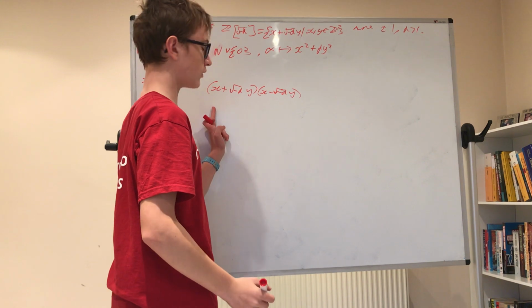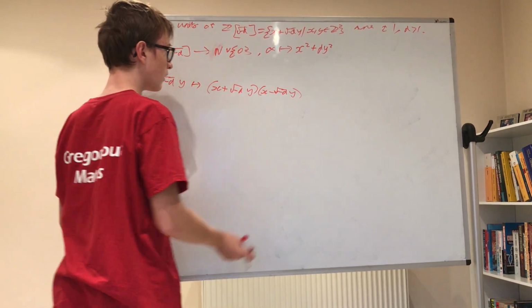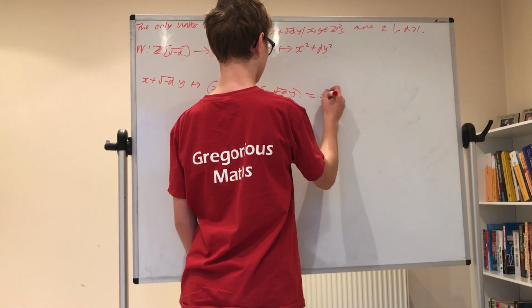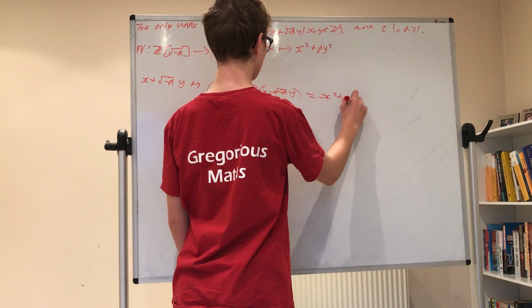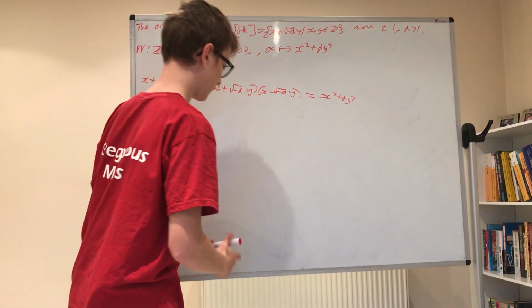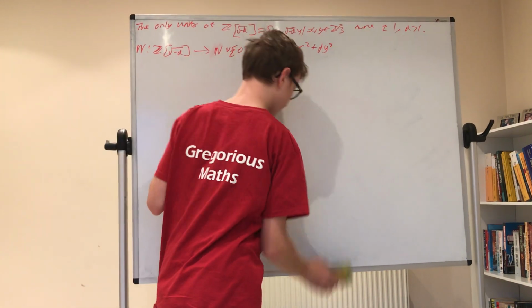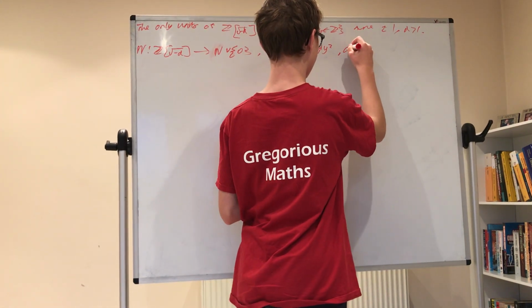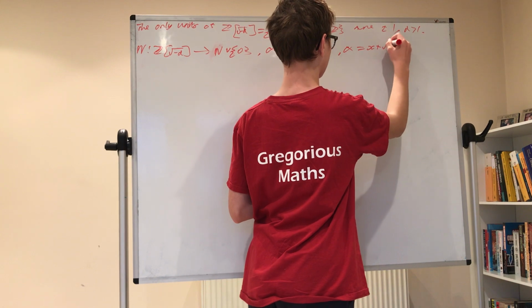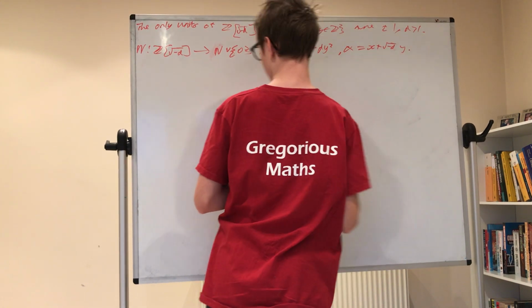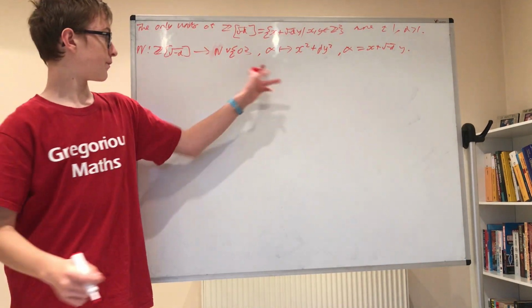So you do the number itself times its conjugate, and this is equal to x squared plus d y squared, if you do the maths, if you do the FOIL.